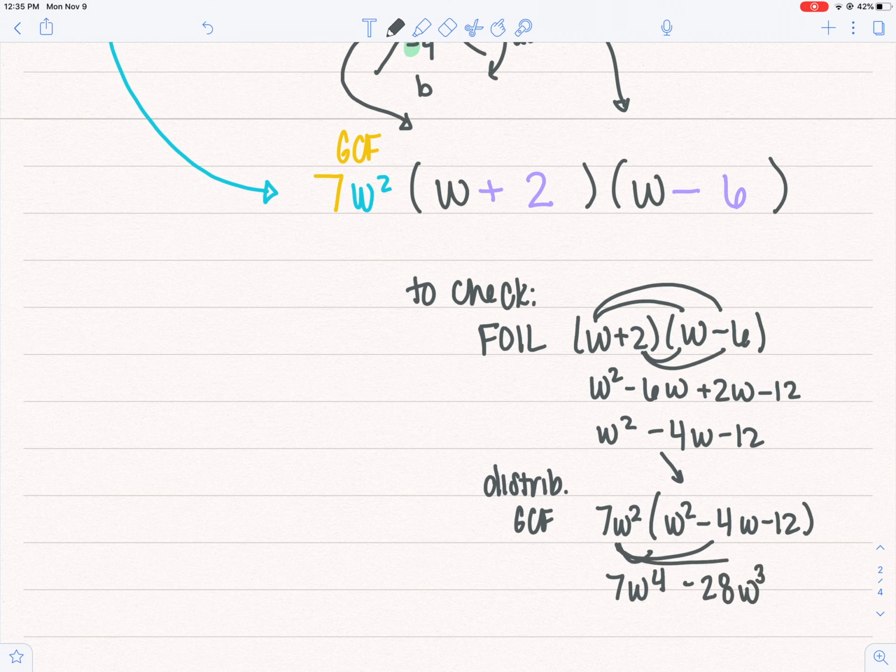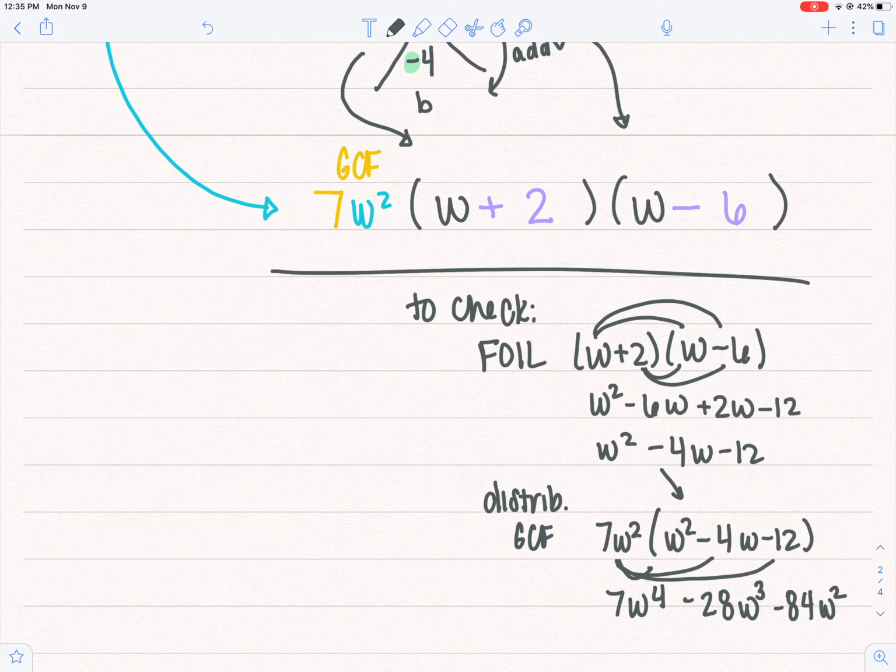And then 7w squared times negative 12 would give me negative 84w squared. That one is a little bit weird to check, but certainly you can see the process there. So hopefully this helps, but as always, if you have questions, let me know.